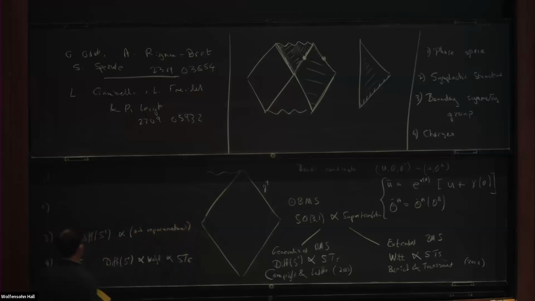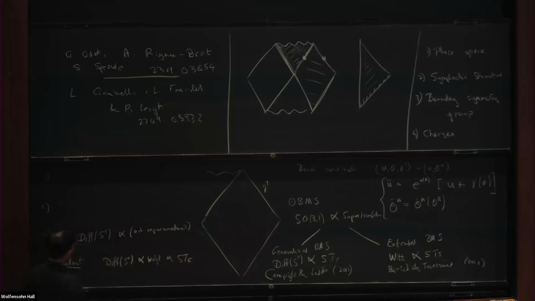This group is basically arbitrary diffeomorphisms of the two-sphere, and then along the null generators, there are arbitrary reparameterizations allowed, which is different from what goes on over here, where the reparameterization has to be this affine transformation. These transformations are sometimes called Carrollian diffeomorphisms because they preserve something called a Carroll structure.